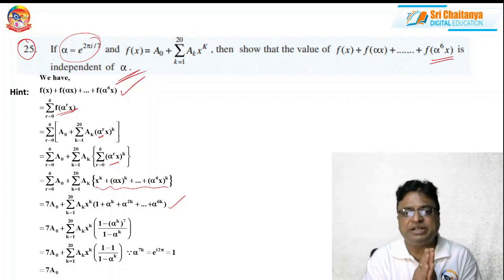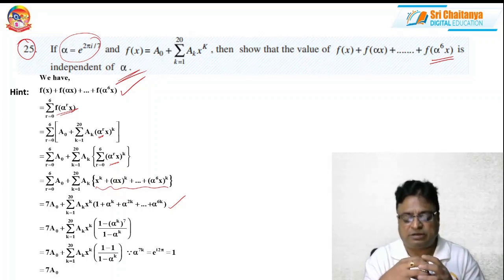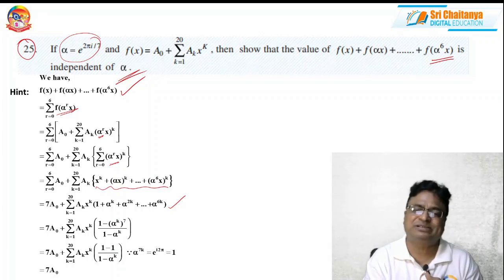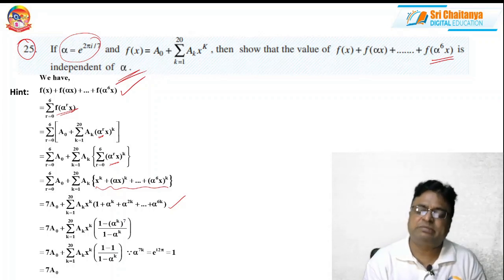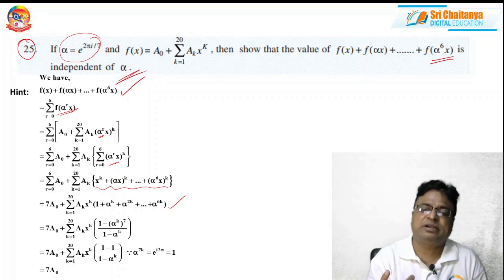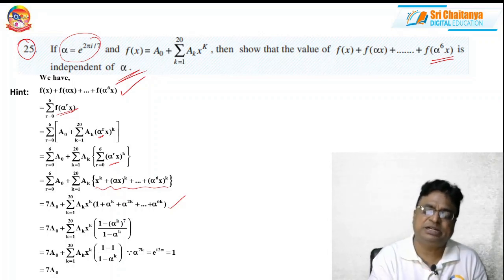So my friends, again, it is a brilliant question mixing up the application of geometrical progression. See, in entire complex numbers, we have applied several times the essence of geometric progression and its summations.